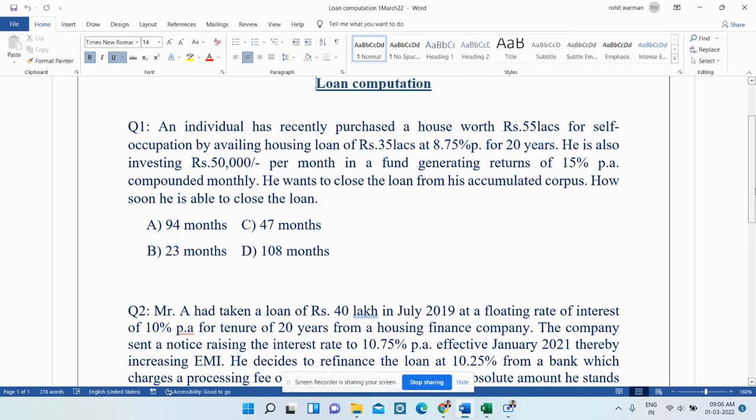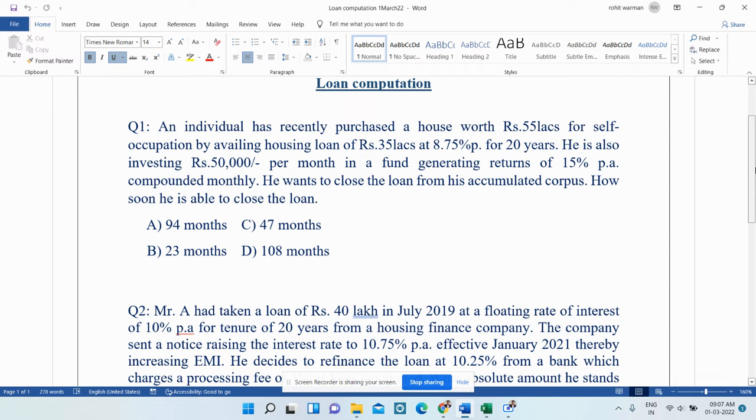From the bank side, the bank has lent, the bank becomes the lender, and at the same time the bank has given a solution also. If I tell it very positively, then the bank has given a solution.